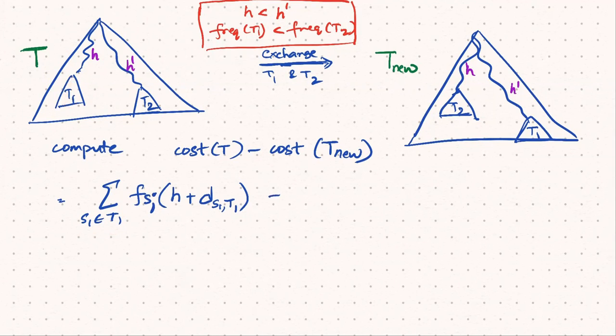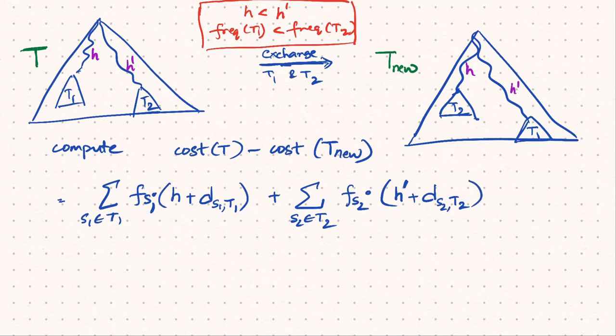Okay, and we do the same thing for the symbols in T2. So for all the symbols in T2, I have the frequency of that symbol times, now this term is going to be h dash plus the depth of the symbol S2 in the tree T2.